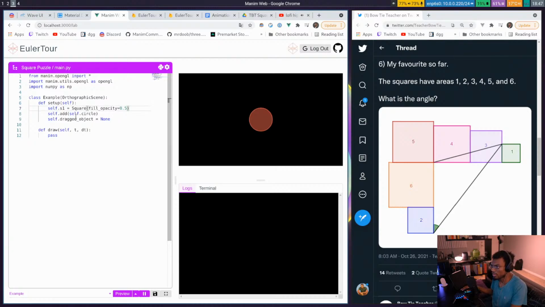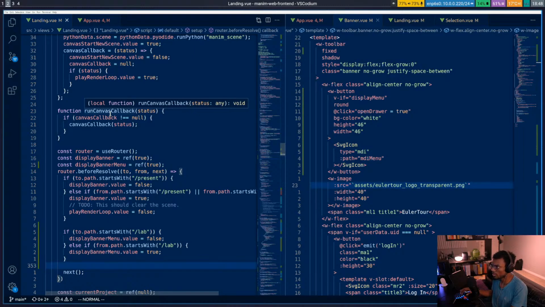I hope there's a square object for one thing. Sure isn't. Okay. Or at least not when imported by default.